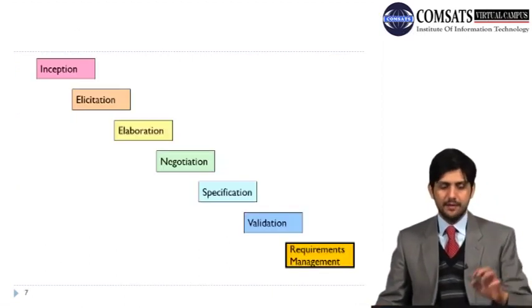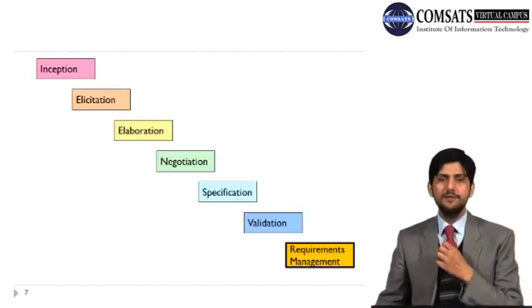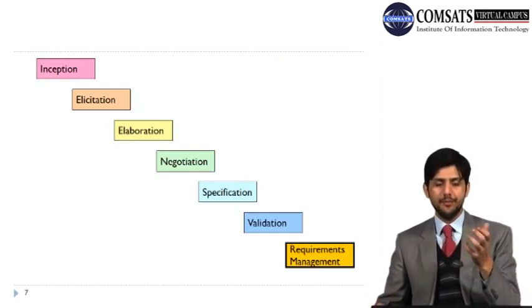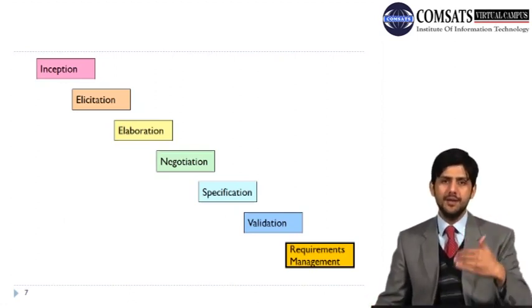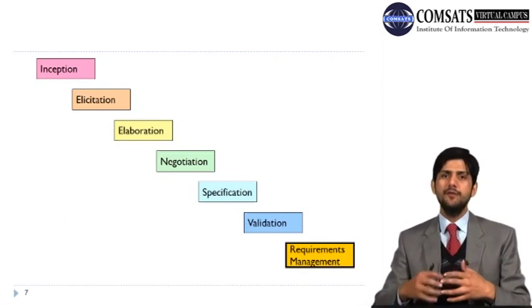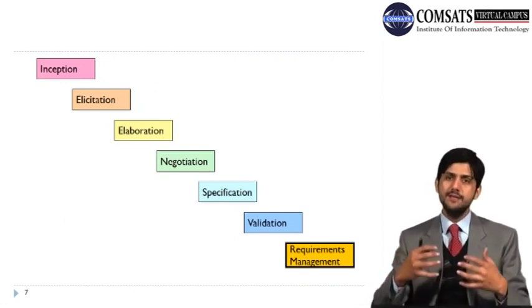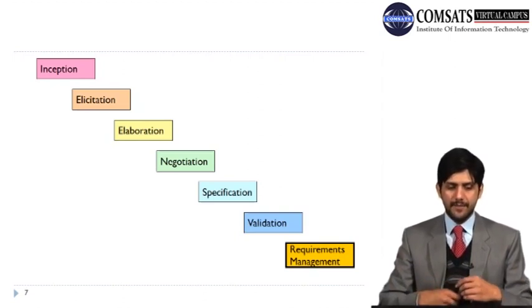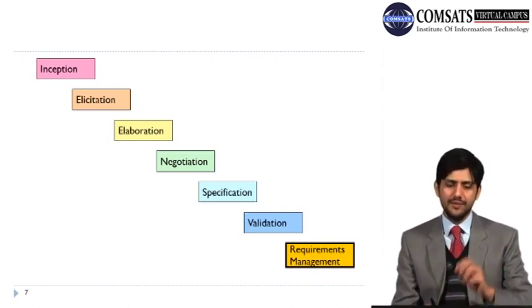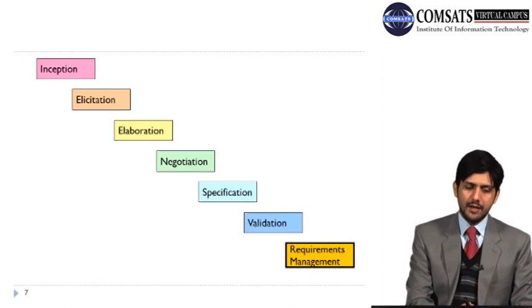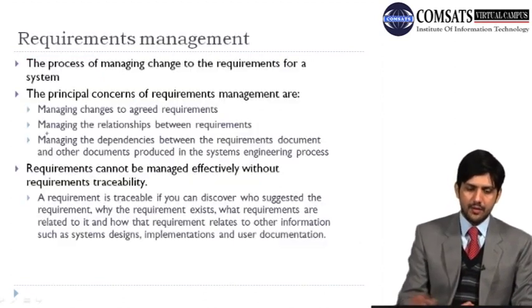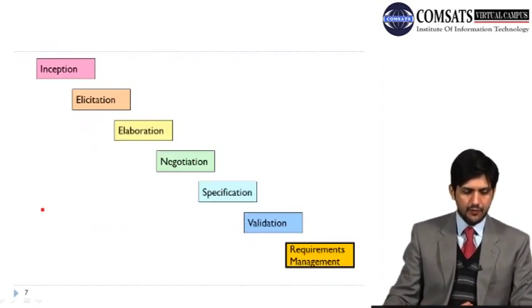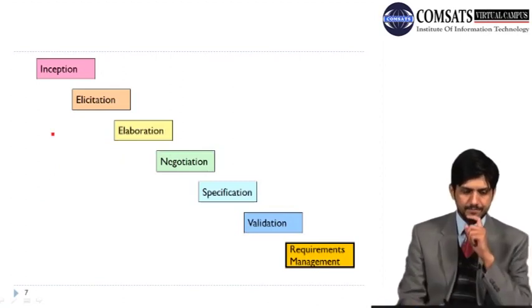If we look at this list of sub-processes of the requirement engineering process, and try to relate them to the software development lifecycle, we can relate to lots of these. So let's figure out what we do in these different processes.